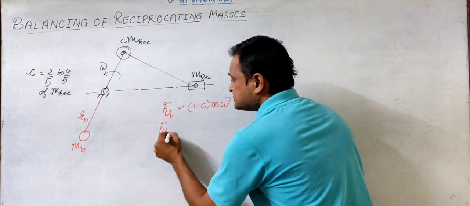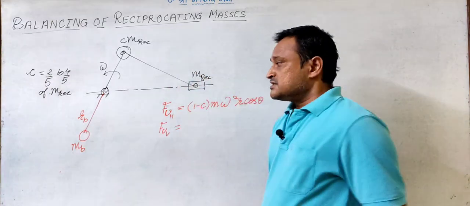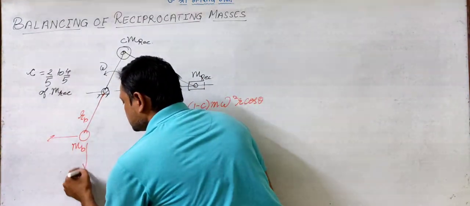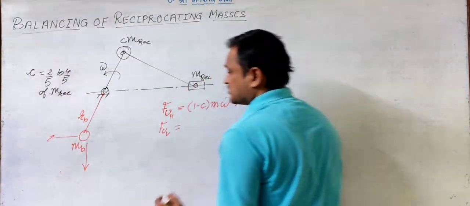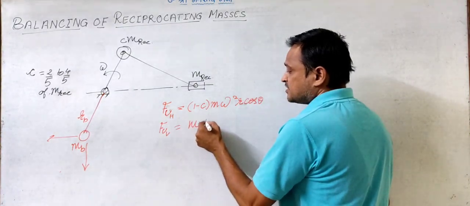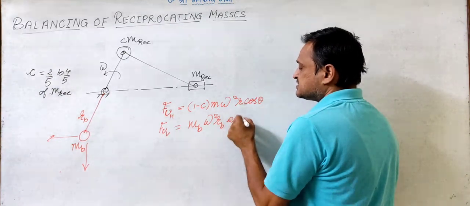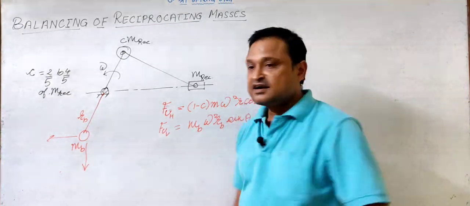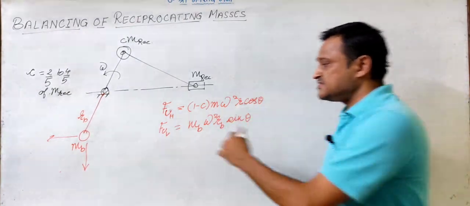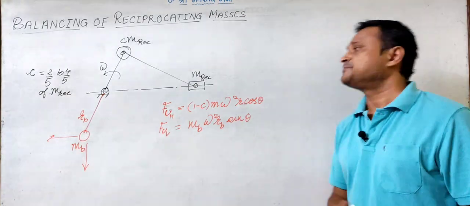It will be the unbalance in the vertical direction when I am placing this mass. The sine component will be mb omega square rb sine theta. So, this is the unbalance in the system, and we can find out the total unbalance in the system. That is how we have seen.